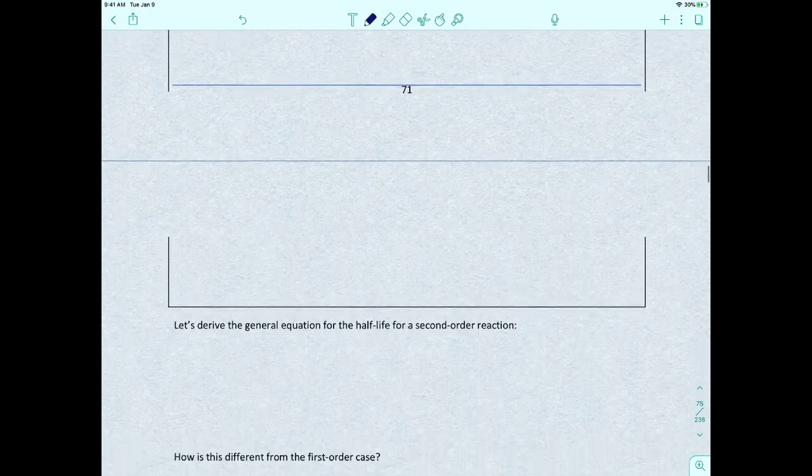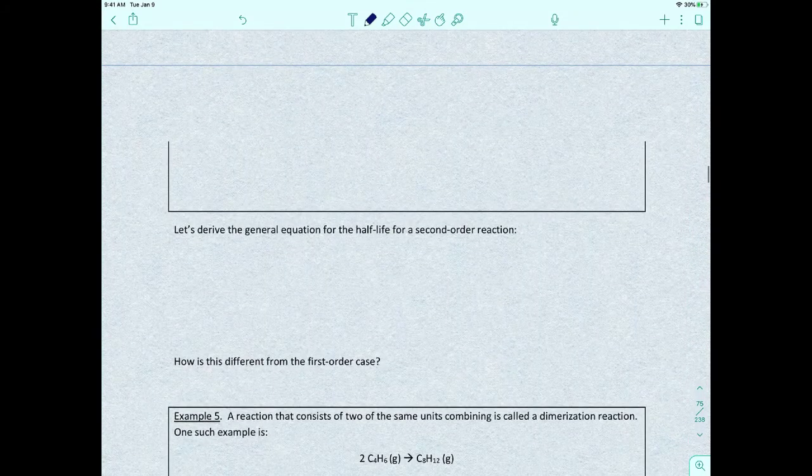I'm going to skip a little bit down in the notes so we can get to that. Let's derive the general equation for the half-life of a second order reaction.